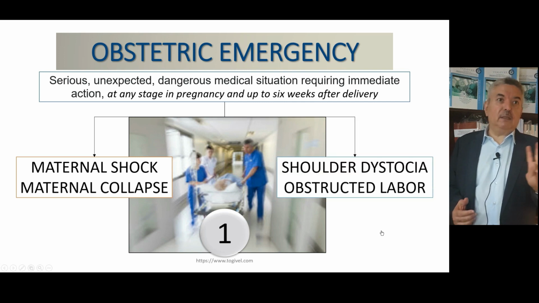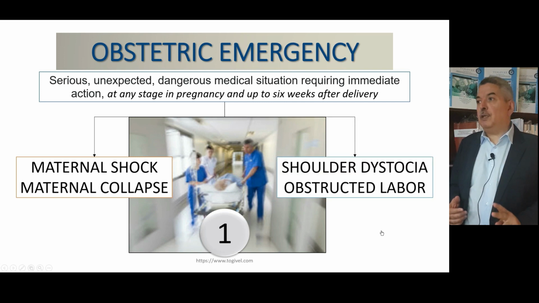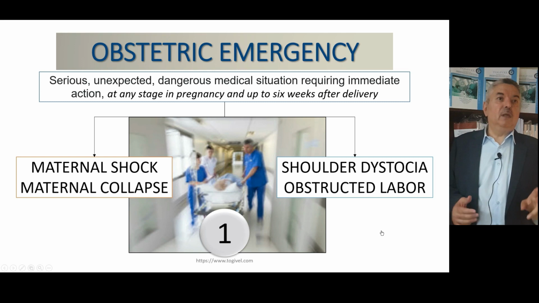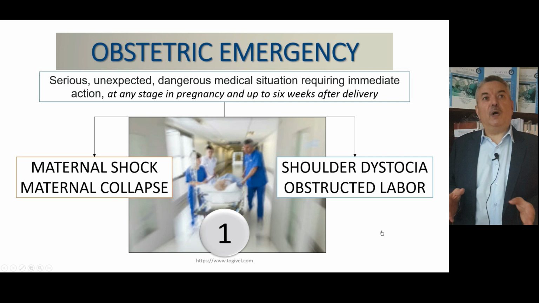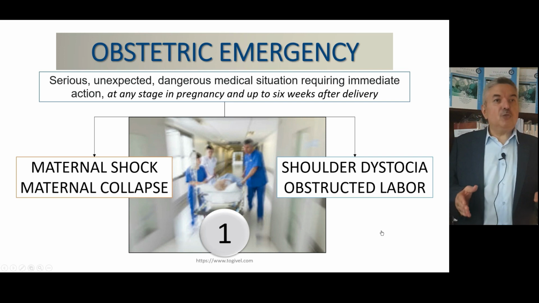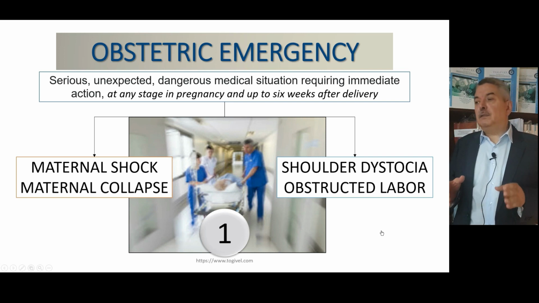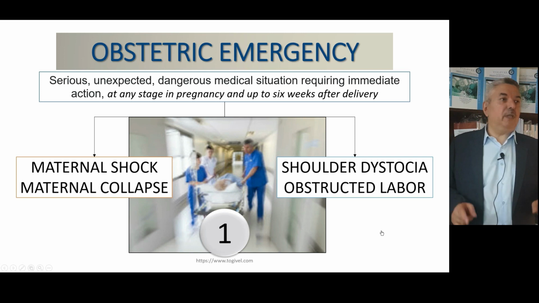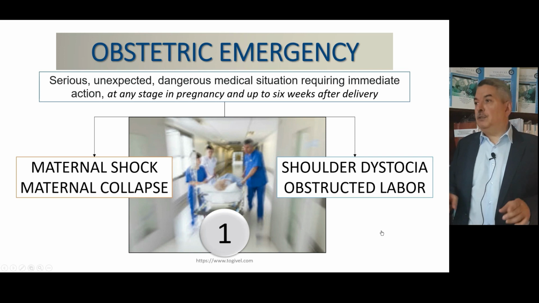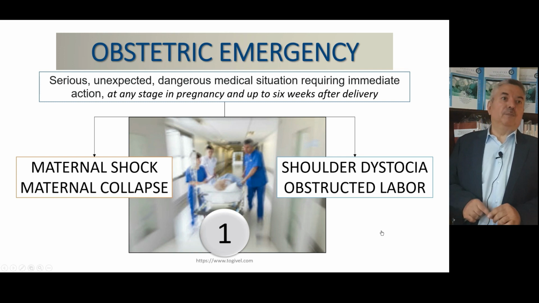However, I want you to add 2 abnormal obstetric events that we will include as cases of emergency requiring immediate action. These are shoulder dystocia and obstructed labor. Both of them are dangerous, both of them are sudden, and they need immediate action.